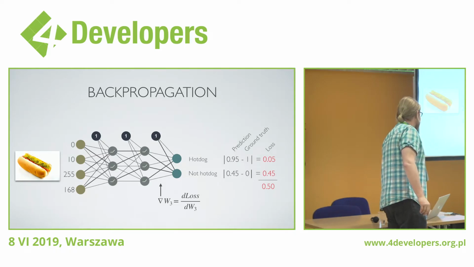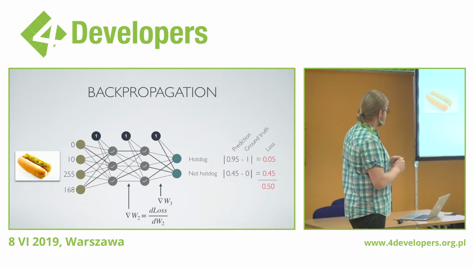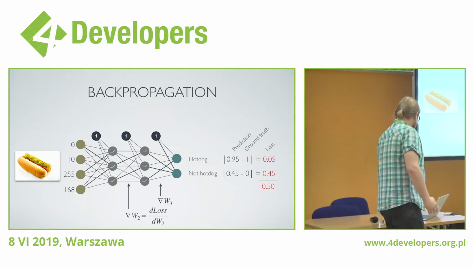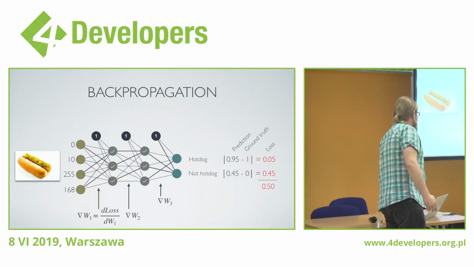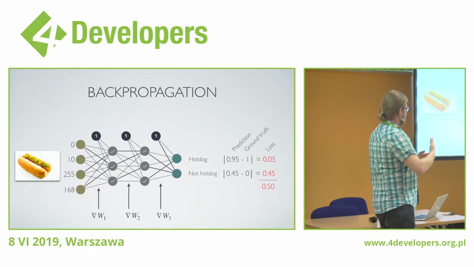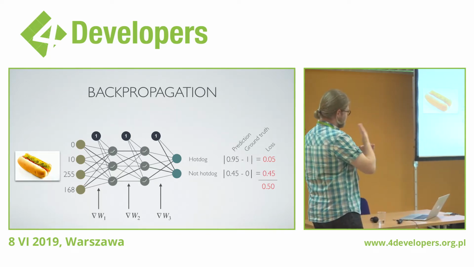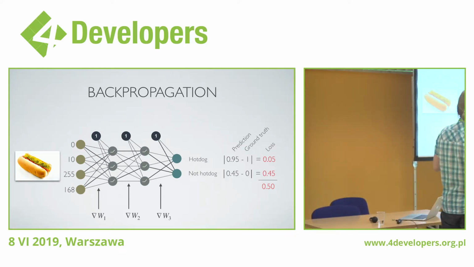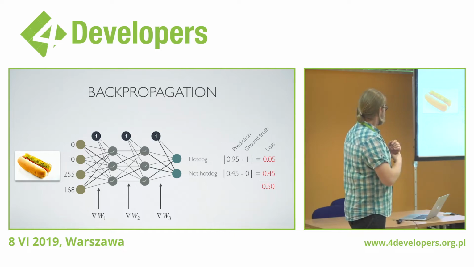And once we calculate the adjustment value for this set of weights, we can calculate the next set of values, the adjustment values for the previous layer and the previous layer, and this way we go backwards, calculating each layer in the opposite direction than when we were doing the inference. That's why we call it backpropagation.